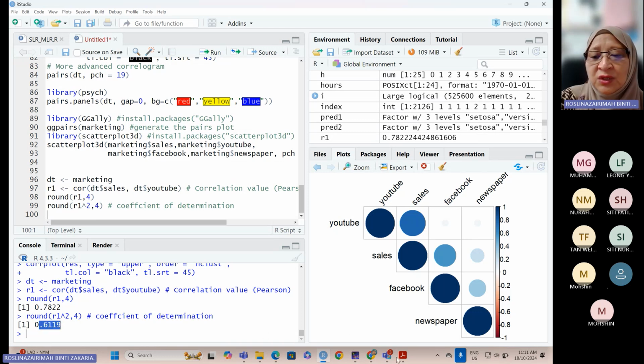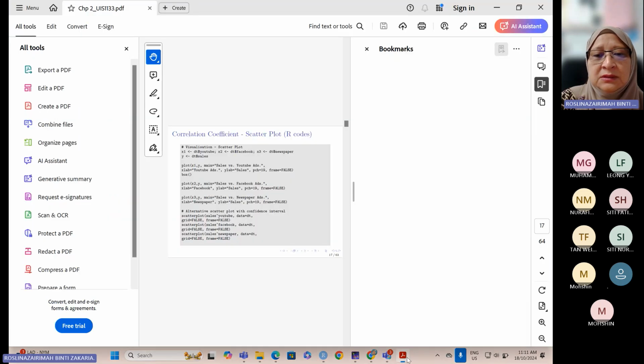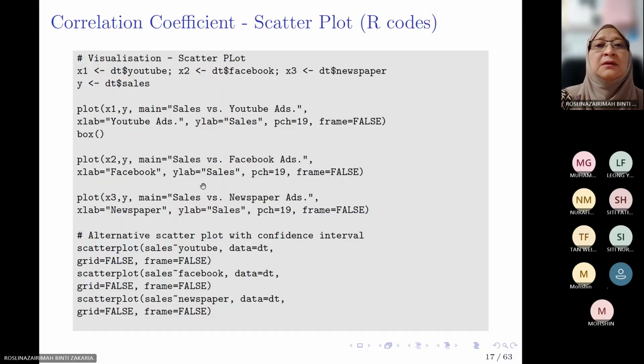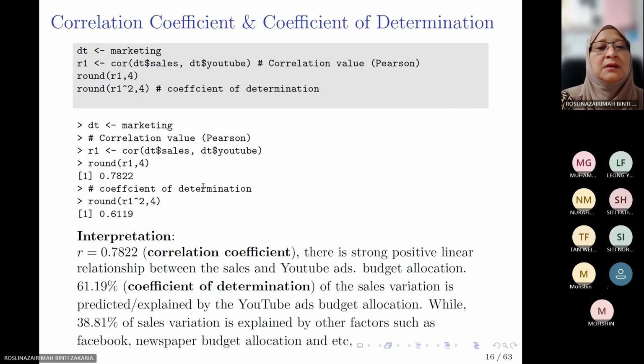So how are you going to interpret that? Okay, this is how we interpret it.